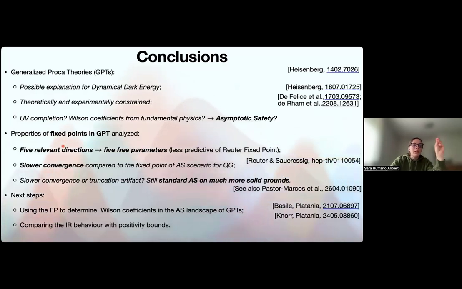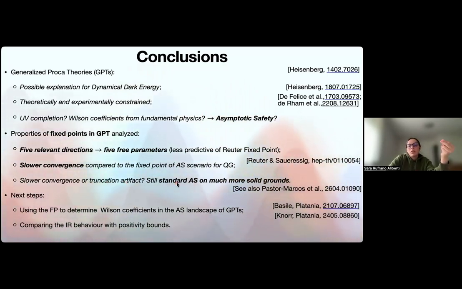Looking at the fixed point evolution across the truncation, this evolution is characterized by a slower convergence compared to the fixed point of the asymptotic safety scenario for quantum gravity. And is the slower convergence due to the number of operators, so to the truncation order that we took into account, or is it a truncation artifact?